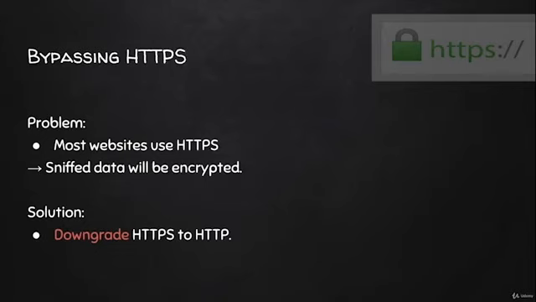This way, the data will be sent in plain text, and we'll be able to read it exactly as I showed you in the previous lecture. To do this, we'll have to manually configure and use a tool called SSL strip. And I show how to do this in my more advanced courses. But luckily, Man in the Middle F automatically configures and starts this tool for us.